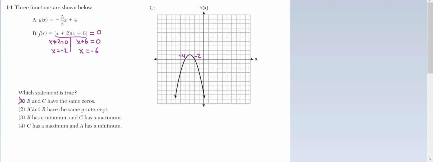Choice 2: A and B have the same y-intercept. Now A is a line, and it has a y-intercept of 4. If we were writing this in the form mx plus b, then the value of b is our y-intercept for A, which would go at the point 0, 4.